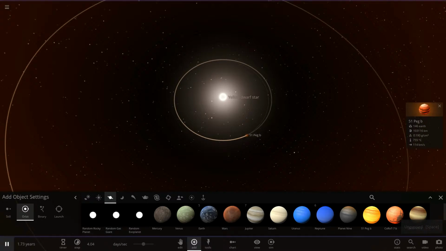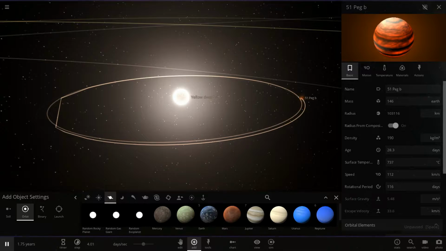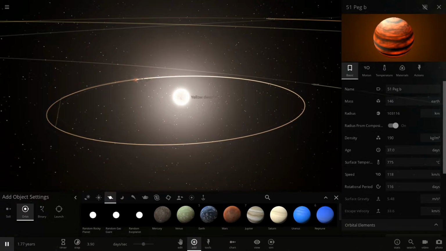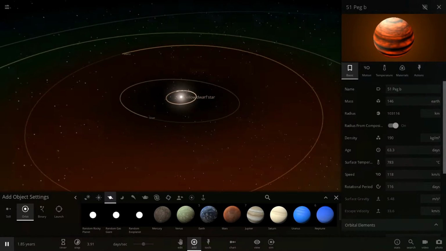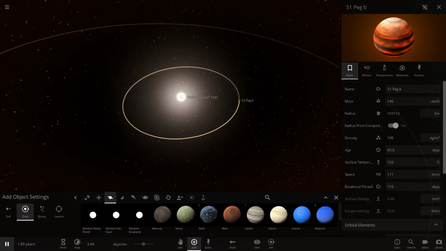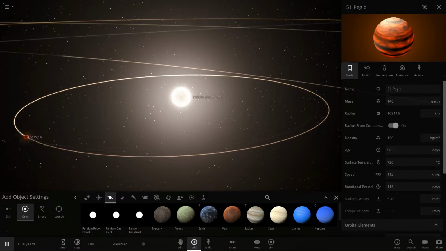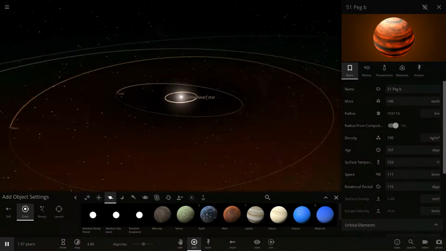Now, 51 Pegasus is absolutely gigantic. I mean, seriously, this thing is huge. But that is literally what you're going to find around a yellow dwarf. Most of the time, you're going to find a giant gas giant really close to its parent yellow dwarf star.